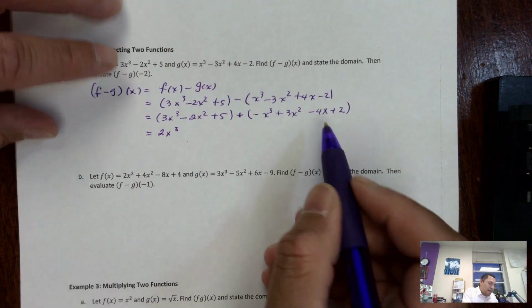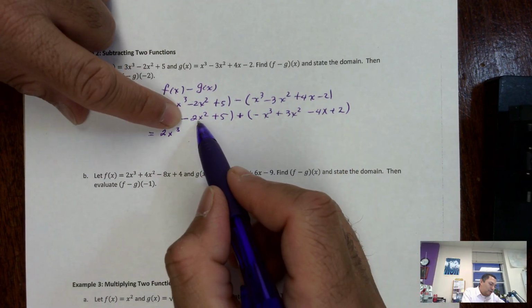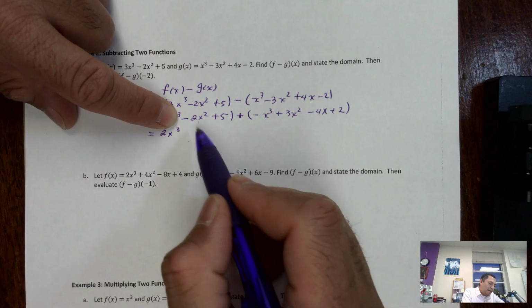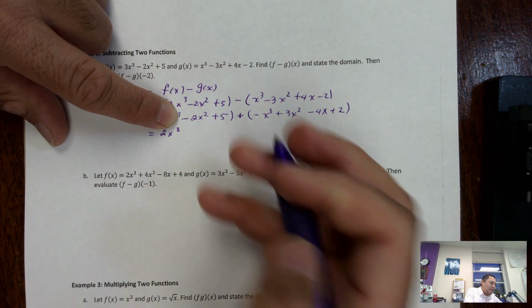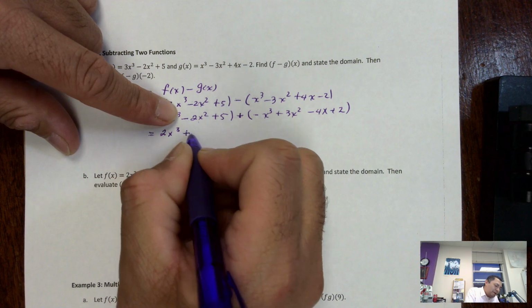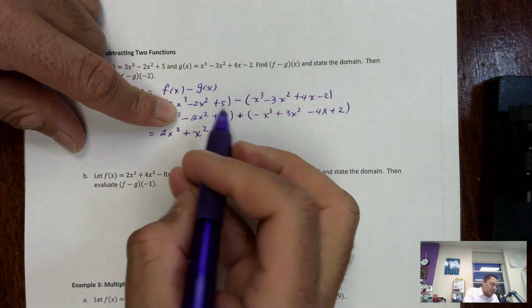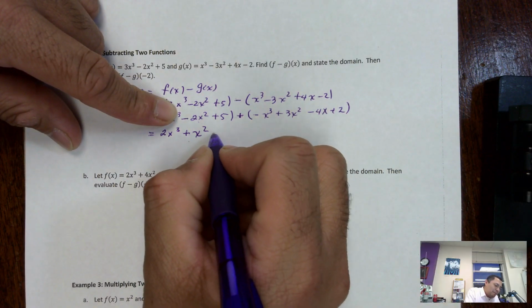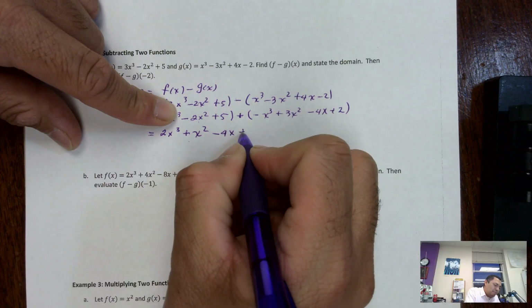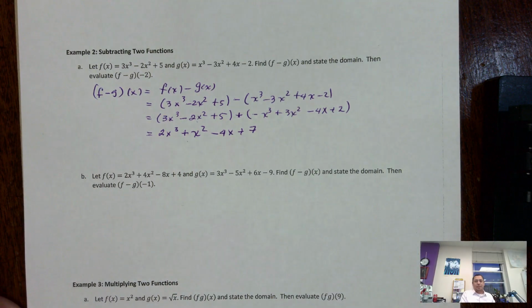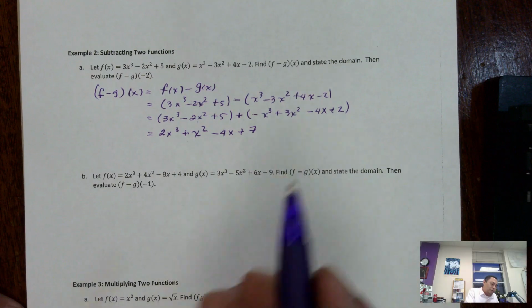2x cubed. I do have another, negative 2x squared and 3x squared. So I have negative 2 plus 3, which is x squared. I don't have an x term here, so I'm just going to leave it, minus 4x plus 7. Okay, because 5 plus 2 is 7.